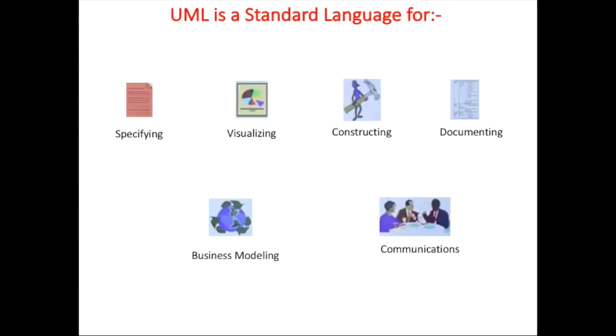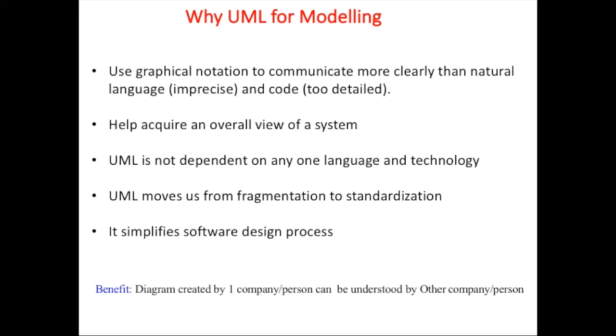UML is a standard language for specifying what the system requires and visualizing the system in diagrams or different graphs, constructing the system and documenting it in a report, business modeling, and after that communicating with the groups. Why do we need UML? It's a graphical notation to communicate more clearly than natural language, which is imprecise, and code, which is too detailed and difficult for a layman to understand.